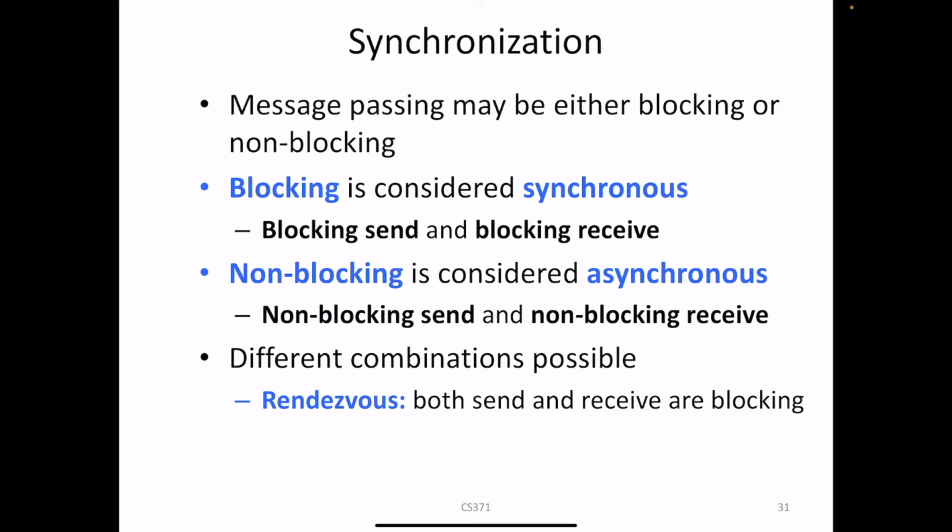For example, here we have blocking, which is considered synchronous. When a process calls the blocking send operation, the process will be blocked or stuck until the data is delivered. Correspondingly, when the blocking receive operation has been called by a process, the process will be blocked until the data is received by this process.